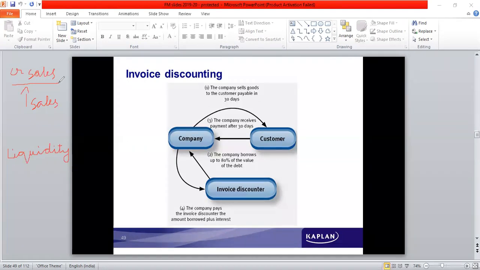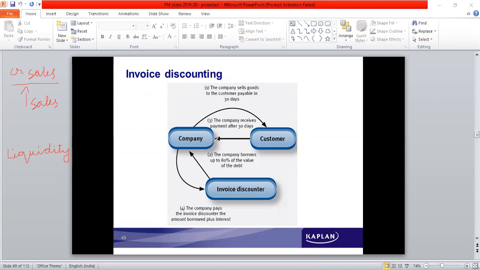So for that reason, once the company sells the goods on credit basis to the customer, then as against the credit sales, an invoice is raised for the customer.